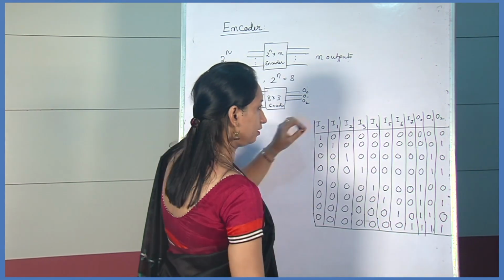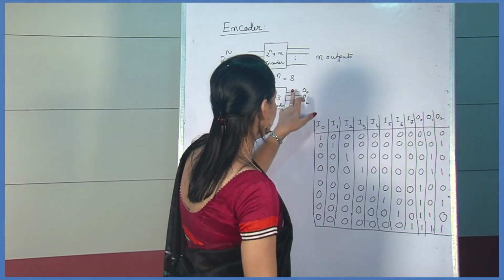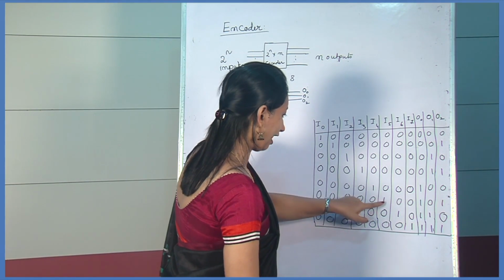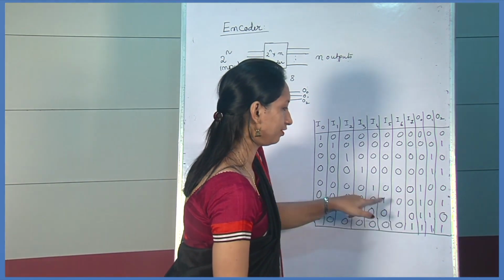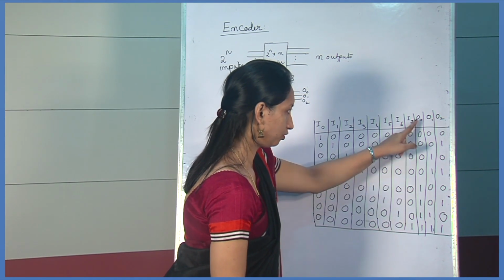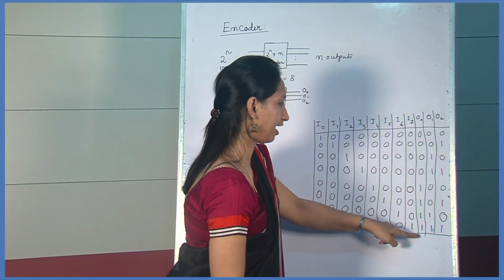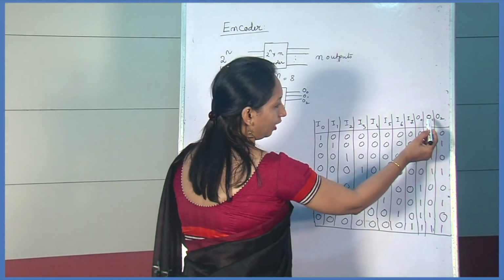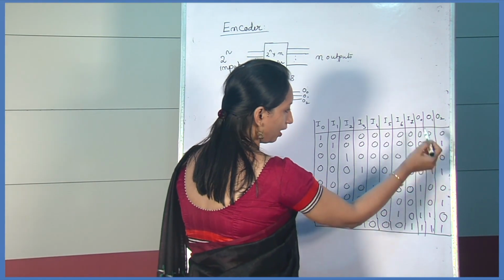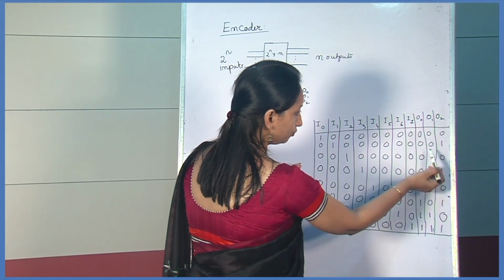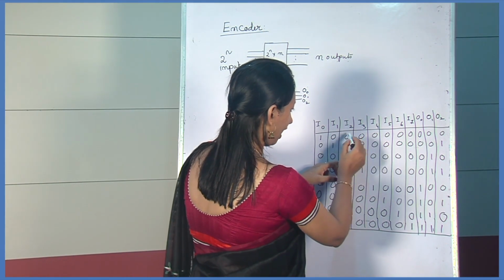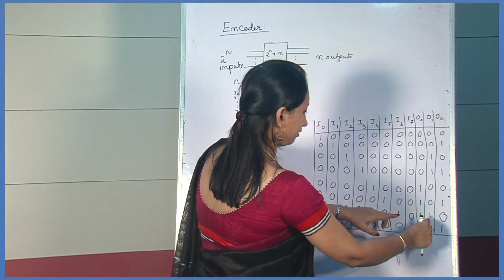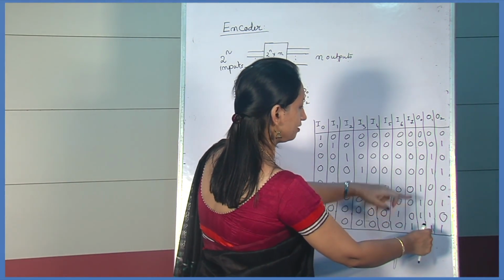So what we have seen, the output O0, that means the first output, is 1 when I4, I5, I6 and I7 is 1, and for the other cases the output is 0. Again the second output, O1, is high when the input I2, I3, I6 and I7 is high.